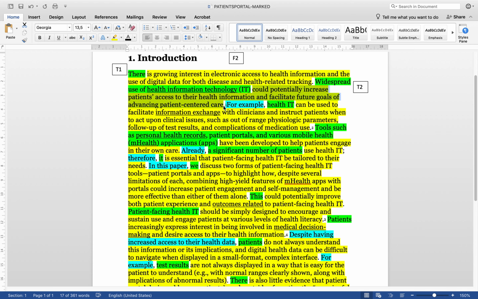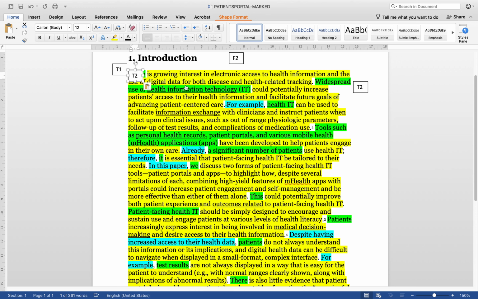Now, here we suddenly have a new focus, because now we're zooming in. We're not just talking about health IT in general, we're talking about access to their health information and facilitate future goals of advancing patient-centered care.